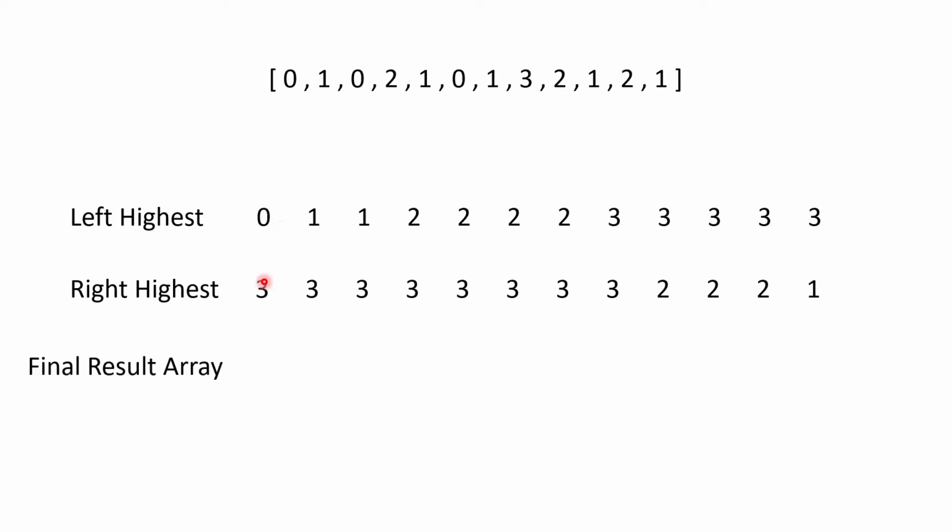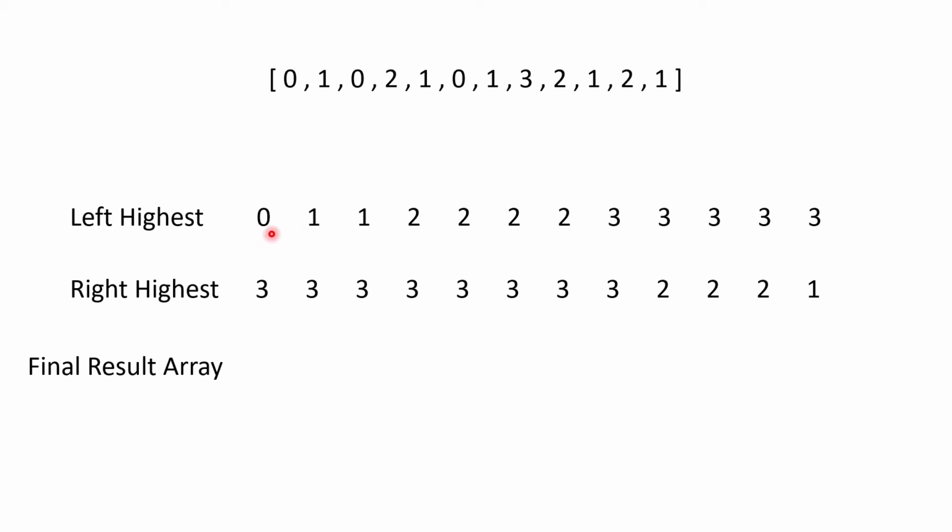We will make a final result array, in which we take the minimum of these two elements minus the height at the position we are at. Here we have 1, so we need the minimum height of these two to be greater than 1 to have water, right?